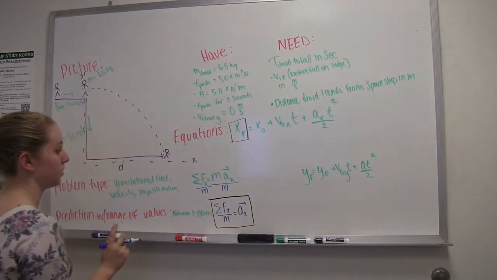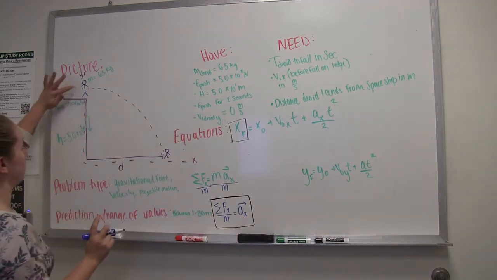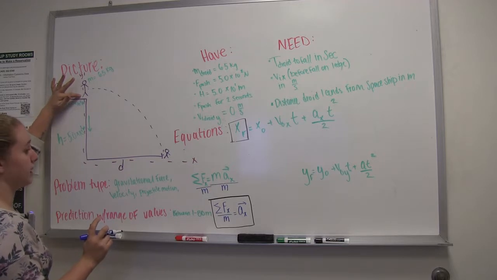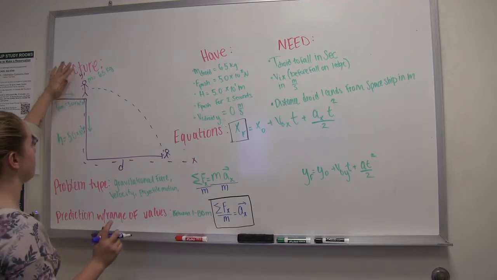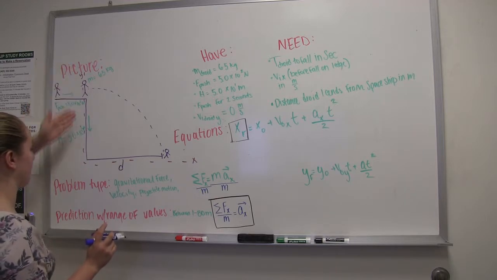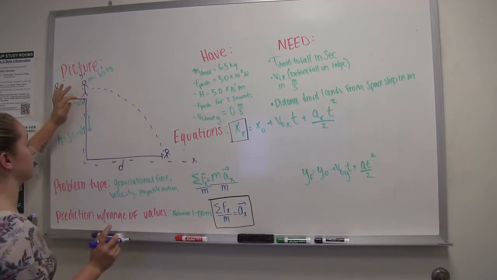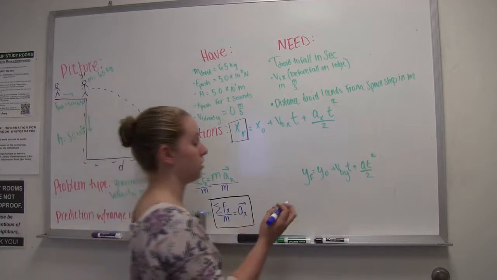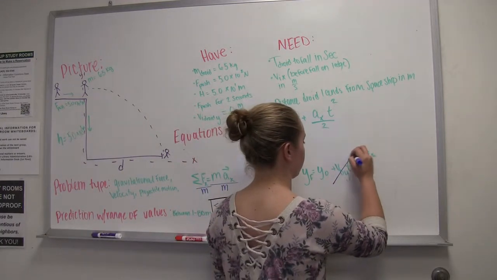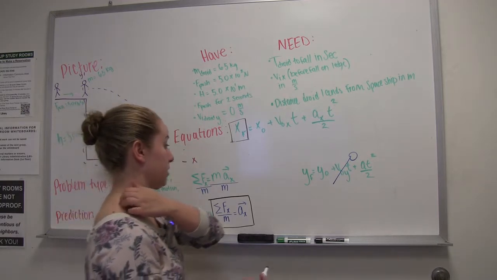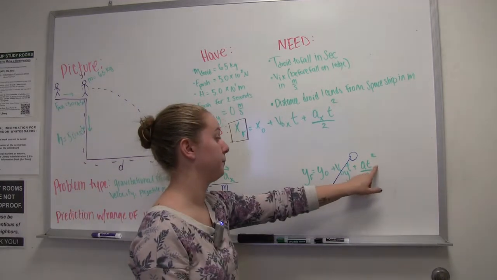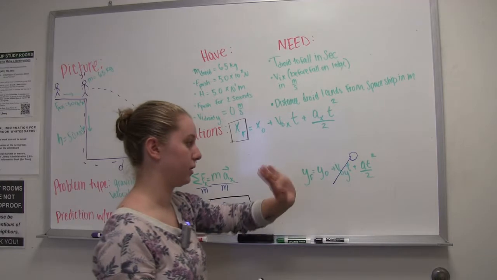The velocity initial in the y direction, so when the droid is right here, he's not actually moving down. So we know that that's 0, right? Because I've designated my y-axis right here, his starting position is 0. So we can go ahead and cross this whole thing out. This is great because we want time. This is just one term that we can get rid of.